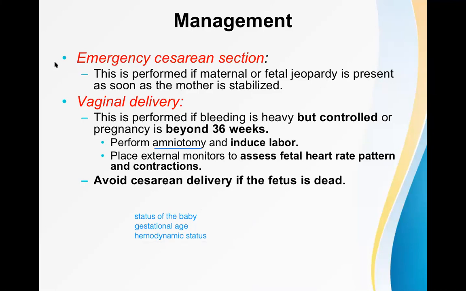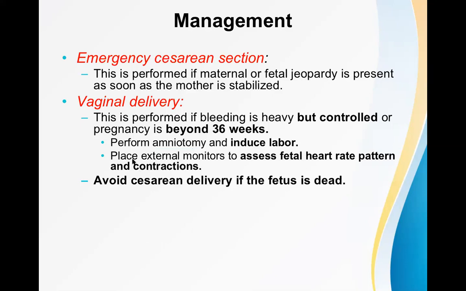There are different advantages of this, and one of the important advantages apart from inducing labor is you also can see what is the color of the amniotic fluid. Now, probably you already know this point. If the amniotic fluid color is greenish, that means the baby has already passed meconium inside the uterine cavity. In other words, the baby is already having fetal distress. This is the feature of fetal hypoxia.